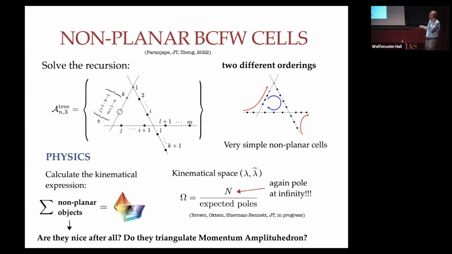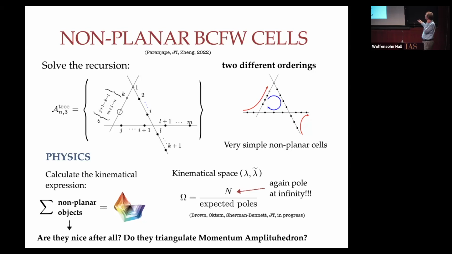Now we can solve these recursion relations for these non-adjacent shifts. It's not so hard. And instead of having these points on 3 lines ordered, we are still getting points on 3 lines, but they are not ordered. So the points can be anywhere on this line, not just here in the middle, and anywhere on this line, not just in this segment. So there are 2 different orderings, basically.